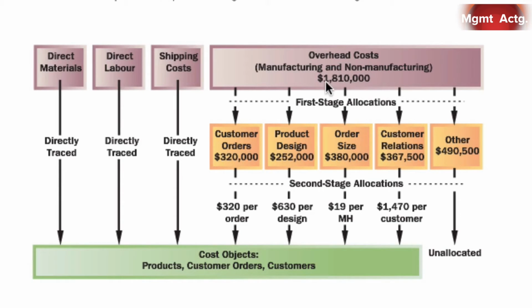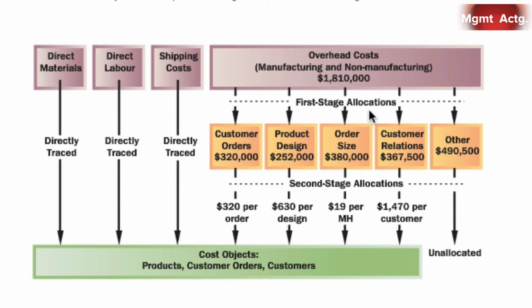Of the 1,810,000, it is felt through management and through supervisors and interviews and a lot of discussion that 320 of that belongs with just handling customer orders, 252 for product design, 383 for order size, 367.5 for customer relations, and then whatever's left over is unassignable.